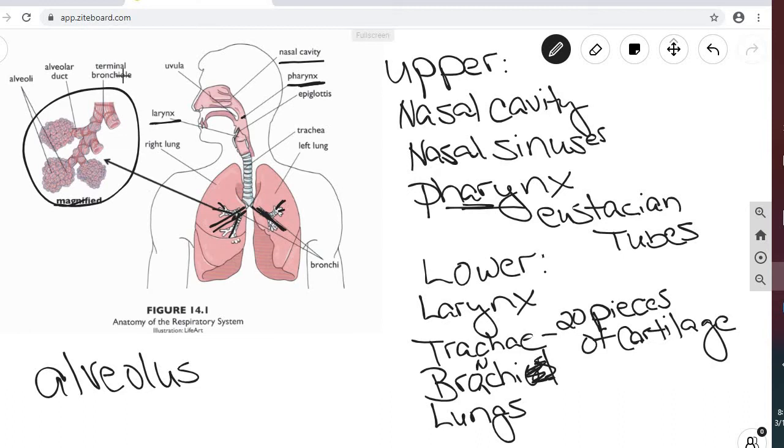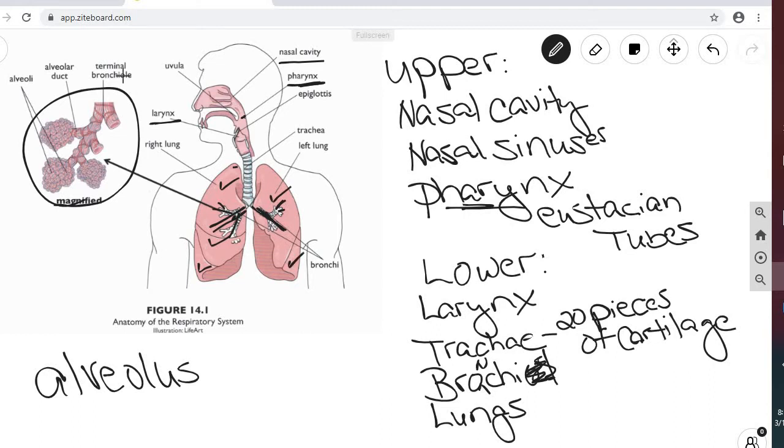so that it can be eliminated from the body. The other thing I want you to notice about the lungs is that the right lung consists of 3 lobes. So there's 1, 2, 3 lobes in the right lung. If you look at the left lung, it only has 2 lobes, 1, 2.